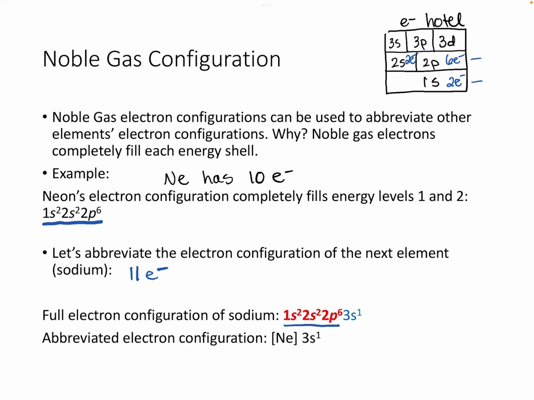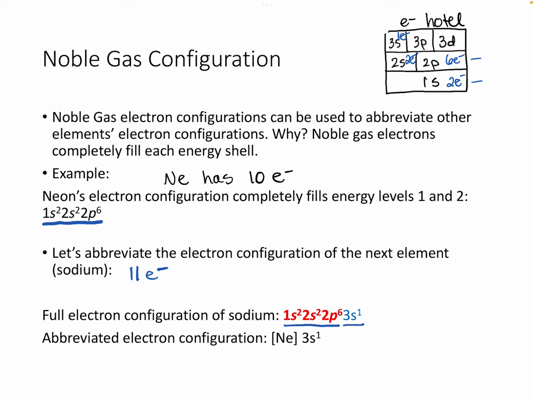So for sodium, we're going to put that extra electron, the 11th electron, in the 3s subshell, because that's the next highest shell, or subshell. So 3s1.